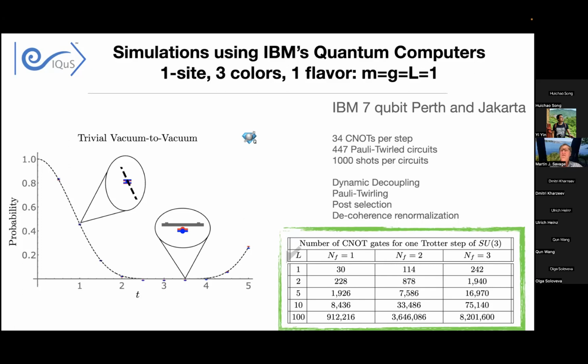Basically, every time you have a CNOT, you reorient with Paulis on the 2 qubits and then unreorient, if you like, after the action of the CNOT. You do that in a statistical way for every CNOT in your circuit. We ran 447 Pauli twirled circuits for each element of the ensemble, and we ran 1,000 shots per circuit. So we did it 1,000 times.